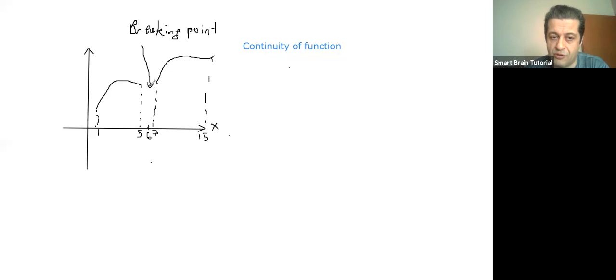There is no graph of the function in this part from 5 to 7. So it is a condition to study the continuity of a function: finding where there are breaking points and avoiding them if possible while studying the graph.